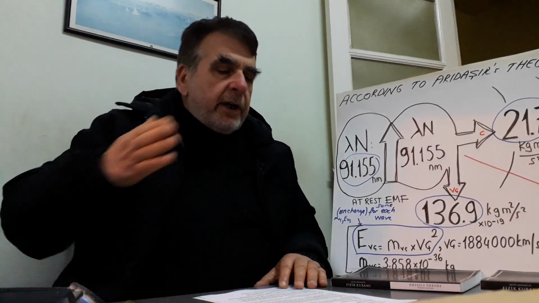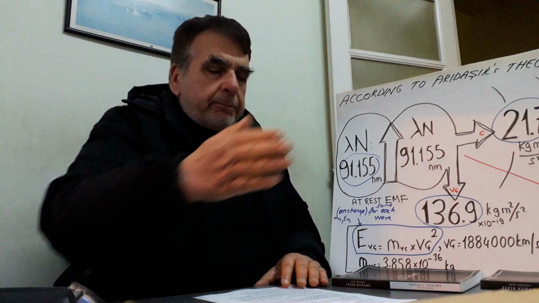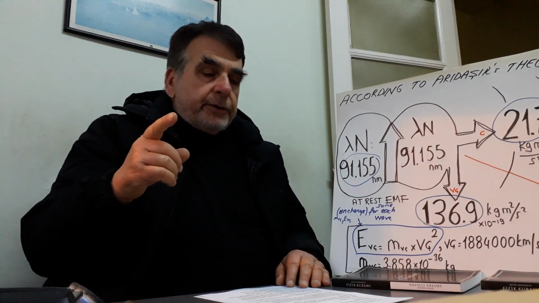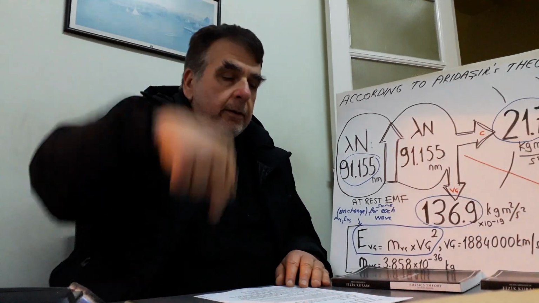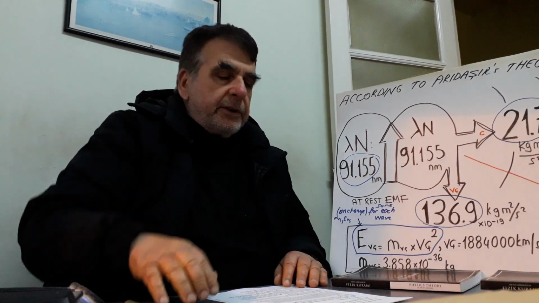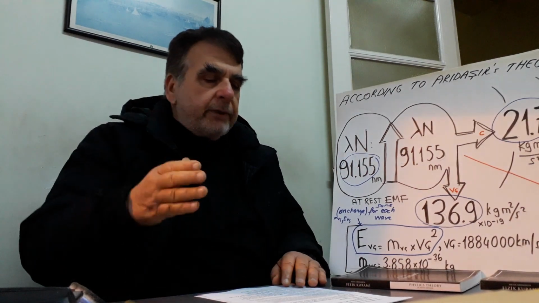While in the c direction component, point mass and point energy decrease inversely proportional to squared wave number or distance, in the linear velocity, 1,884,000 km per second velocity component direction, point mass and point energy don't change. They are constant, they don't depend on wave number or distance.